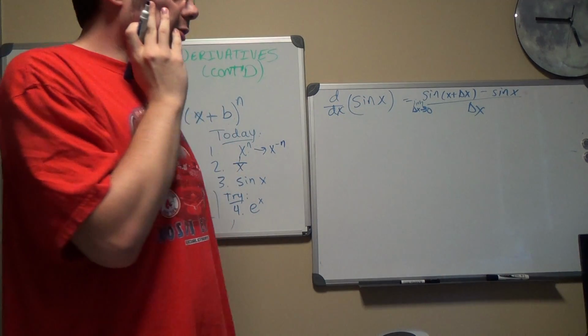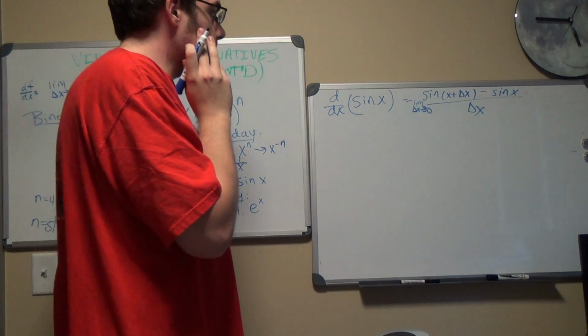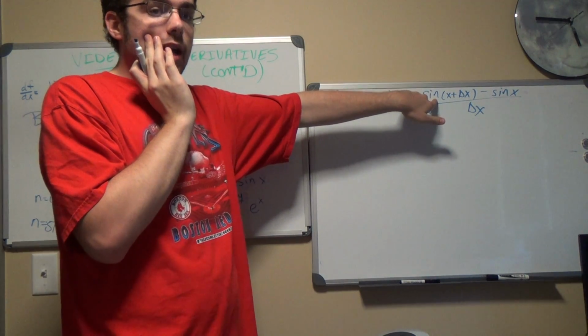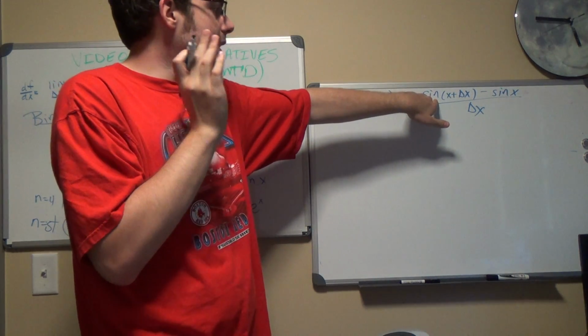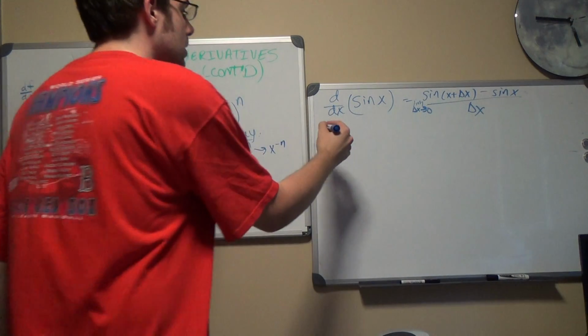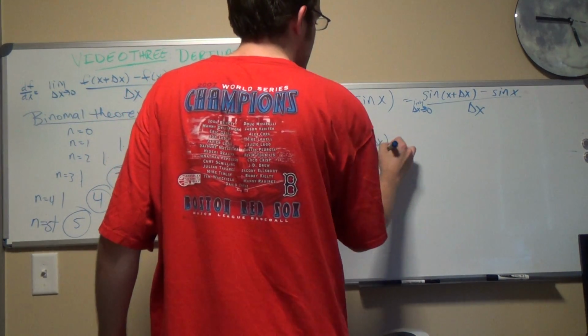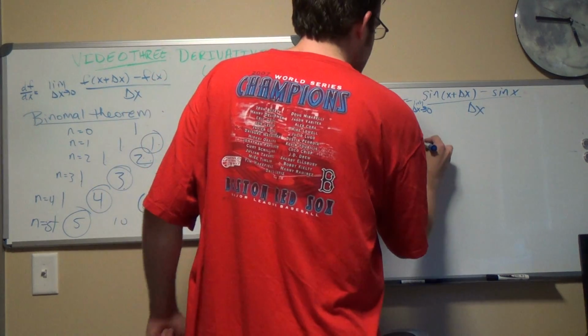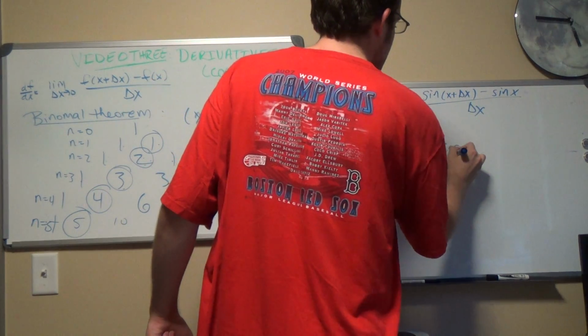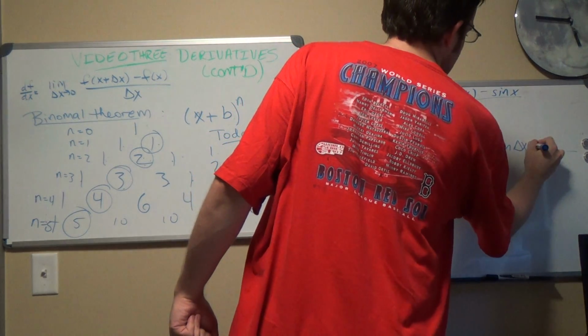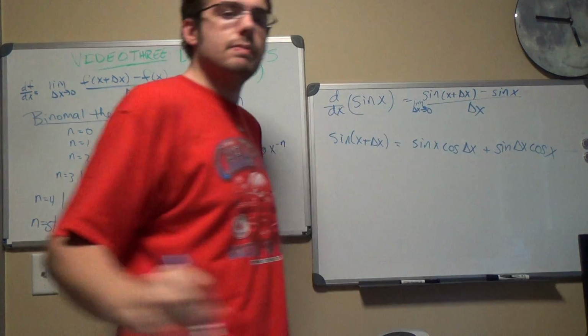Now, from trigonometry, we need to remember that we have an identity for this, such that sine of x plus delta x equals sine of x cosine delta x plus sine of delta x cosine of x.